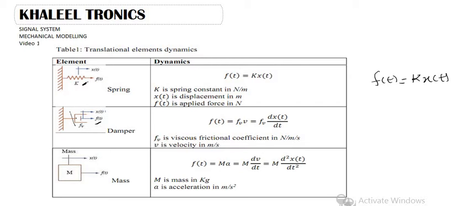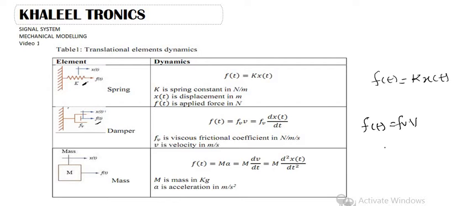Whenever you want to find the force applied on it, you say the force F of T must be equal to the viscous friction coefficient F of V times the velocity.